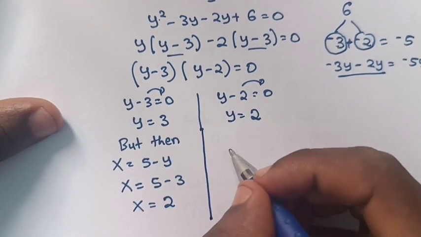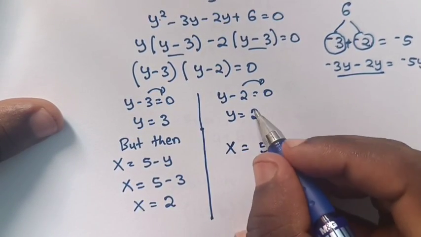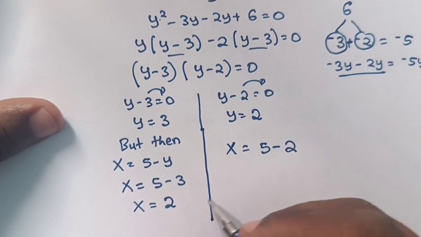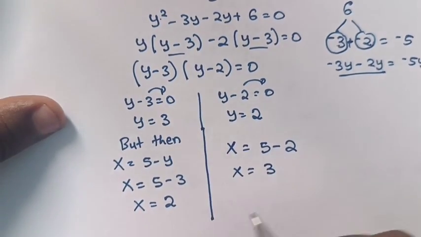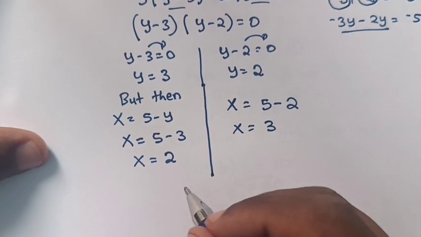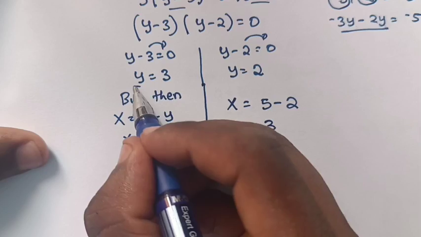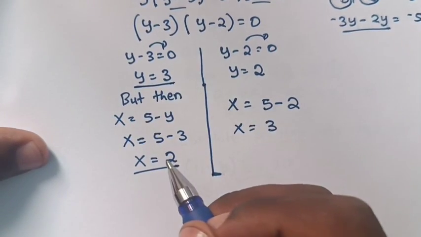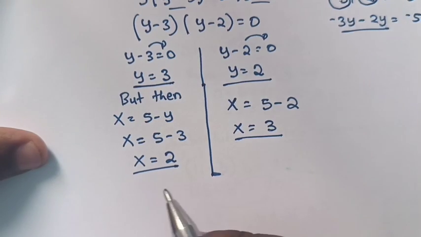And here x is equal to 5 minus y, so x is equal to 5 minus 2. Then x is equal to 3. So we already get the values of x and y in case 1. x is 2 and y is 3. And here x is 3, y is 2.